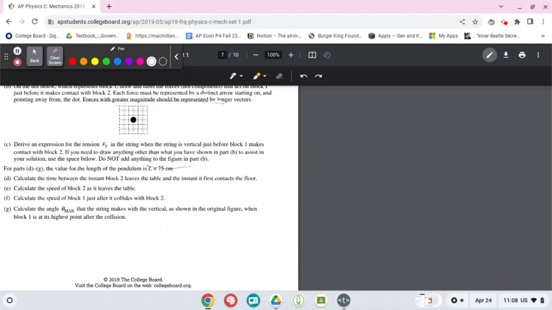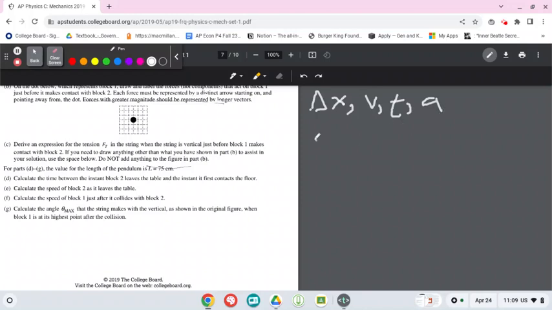Part E is calculate the speed of block 2 as it leaves the table. Again, let's look at the horizontal component. We know the horizontal component of delta x, and we want to find the velocity, and we know the time that it takes. The acceleration is going to be 0 because it's the horizontal component.